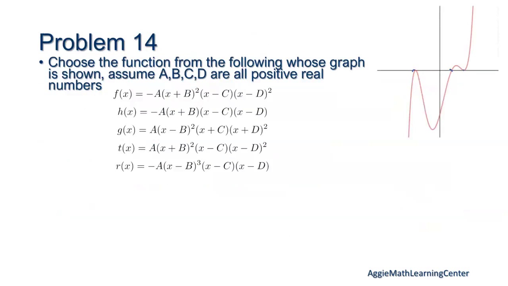One more important thing, where the zeros are placed is very important. It tells me in the problem that I am going to choose the function from this whole list whose graph is shown. Assume A, B, C, and D are all positive real numbers. Very important assumption. Because if I have a factor that looks like x minus A, that means the number that makes this whole factor equal to 0 has to be a positive one.